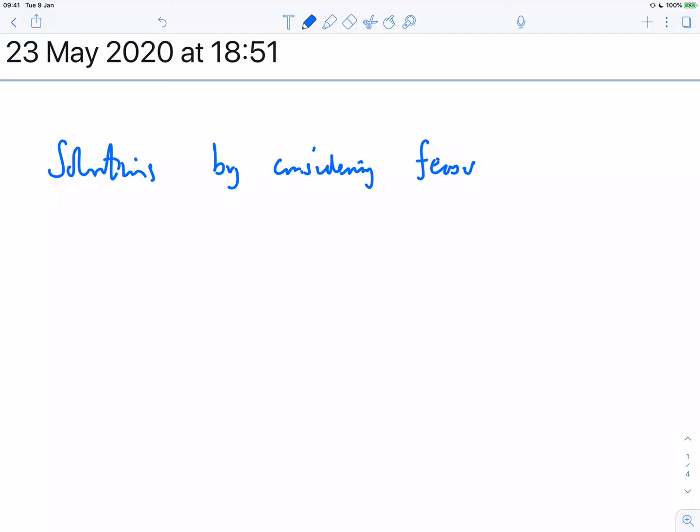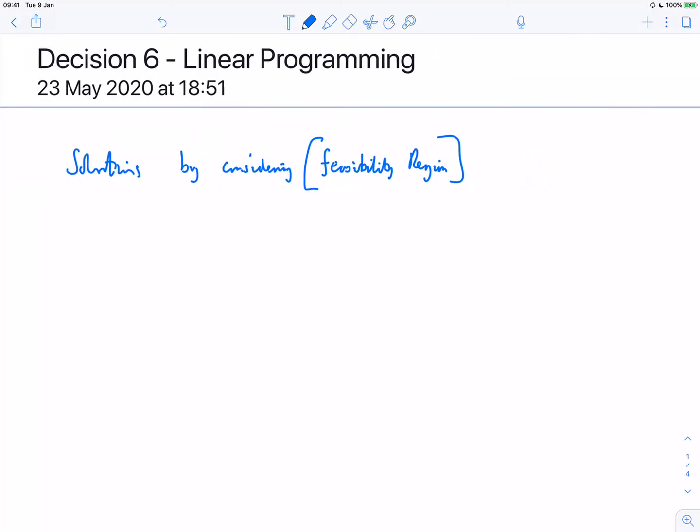And I always mispronounce that. Okay, so we're going to consider a problem that's got many variables, and we're going to draw this problem in a two-dimensional plane and solve for a feasibility region. Okay, so what do I mean by that?